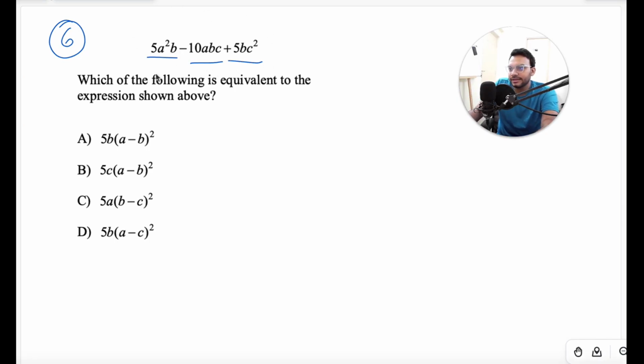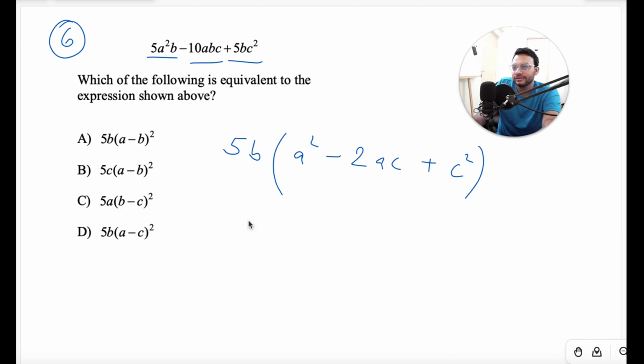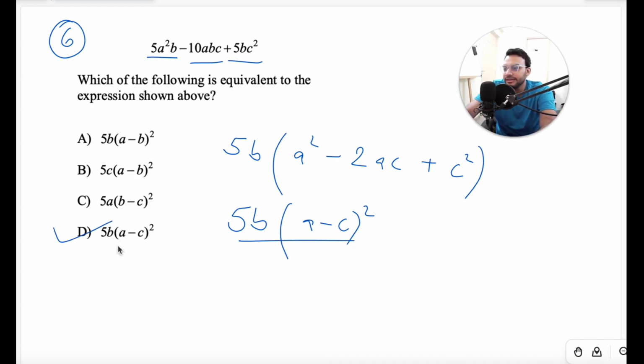This is a classic algebra question, like an equivalent expressions question. So 5b I'm going to take out. What are we left with inside? a squared minus 2ac plus c squared. Okay, so this is simply 5b (a minus c) squared. This is pretty clear now. So 5b (a minus c) squared, option D. Again, option D is the correct one.